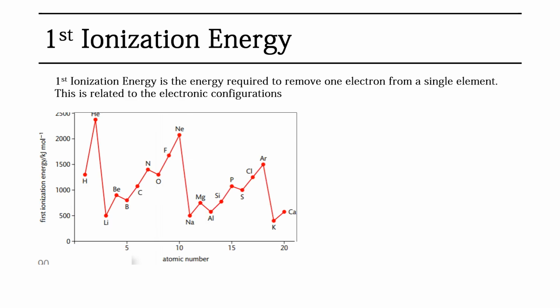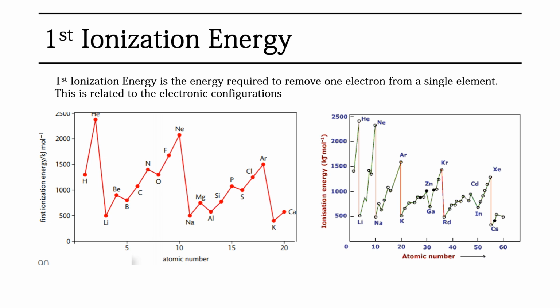First, ionization energy means the energy required to release the loosely bound electron of an atom to an infinite distance from the nucleus. That means taking an electron out of an atom to the outside. That also has a similar pattern related to the electronic configuration. So this is the pattern of the first ionization energy for the first 20 elements, and you can also write it down up to 60.